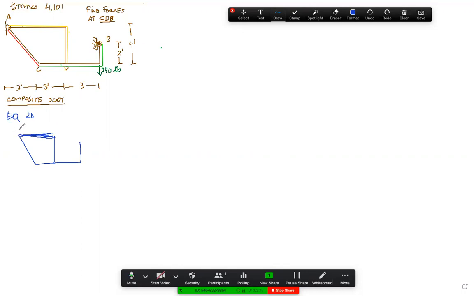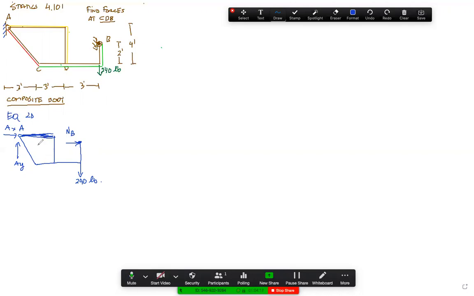Here at A, I will have AY going up and AX going there, because this point A is a pin support. So AX and AY, and the external force, 240 pounds over here. And then the roller feels a normal due to this wall, which we're going to call NB. So you have three unknowns, so you can actually solve this problem numerically.